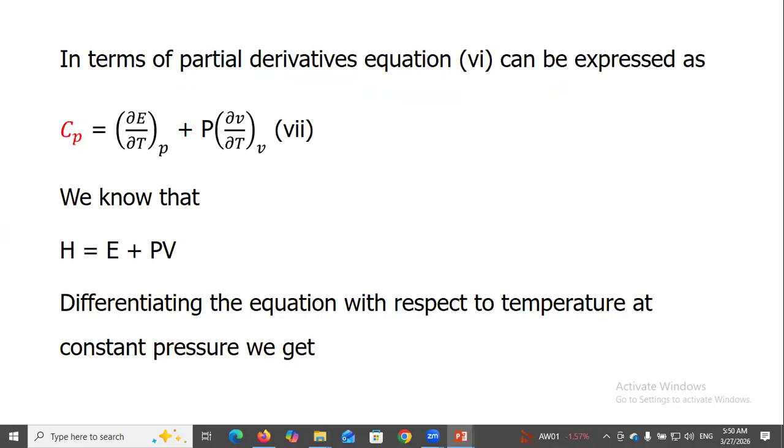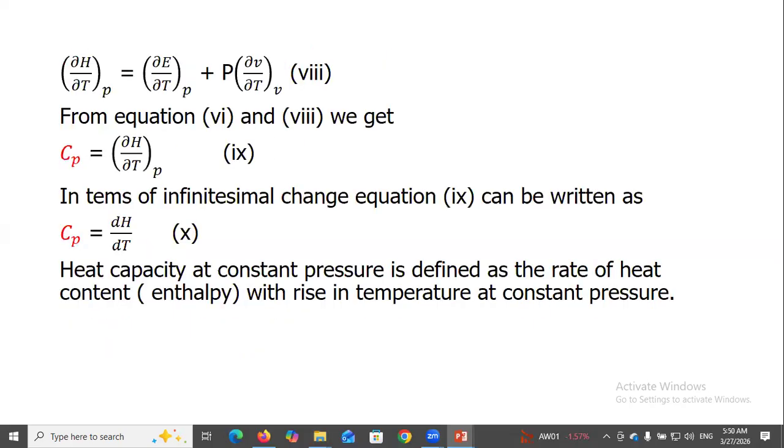We know that H equal to E plus PV. Differentiating the equation with respect to temperature at constant pressure, we get (∂H/∂T)p equal to (∂E/∂T)p plus P (∂V/∂T)p, equation 8.